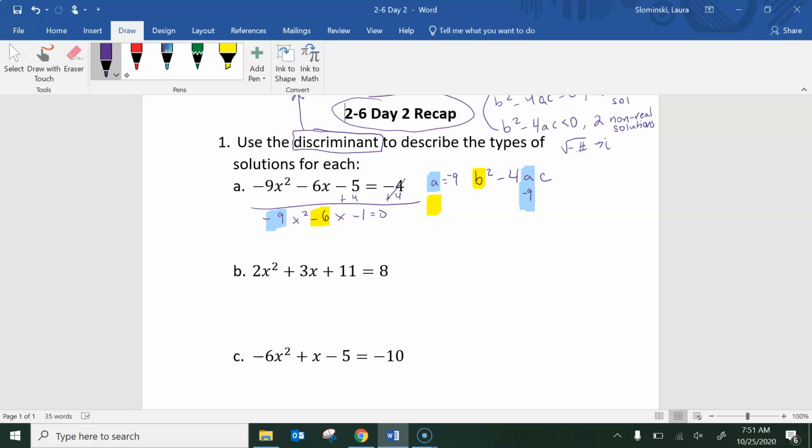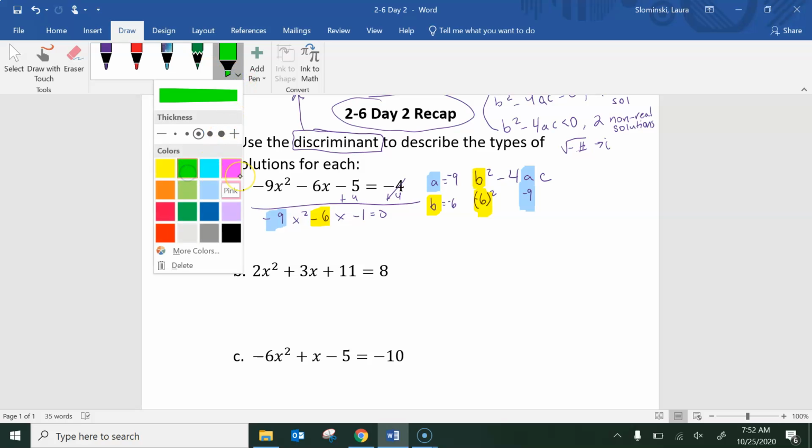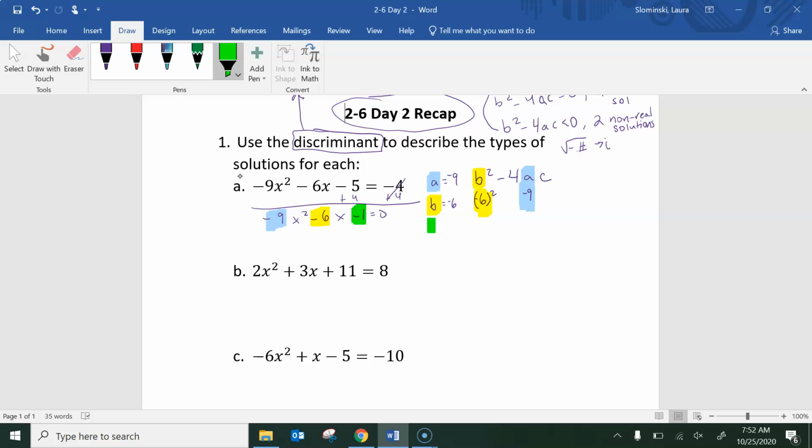So b is -6, so that's going to give me -6. Make sure, especially if it's a negative, when you're squaring it, you put it in parentheses. So it's -6. And last but not least, my c value is going to be -1. Okay, so I find my c is -1, and I plug that in here.